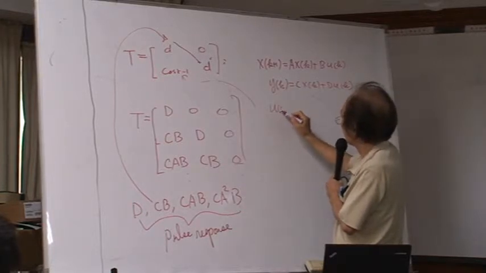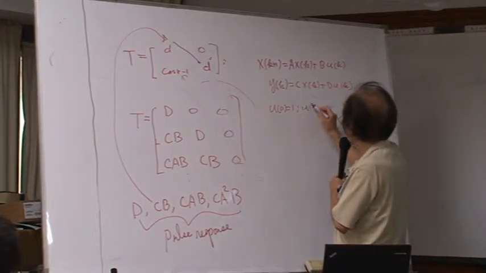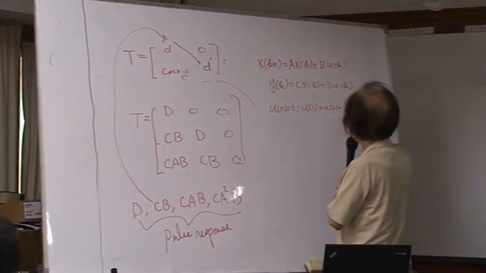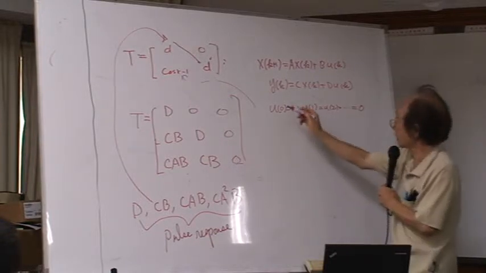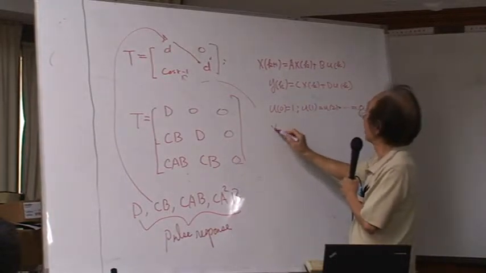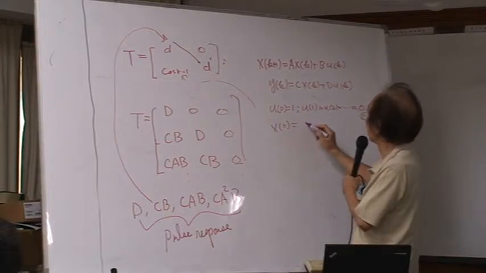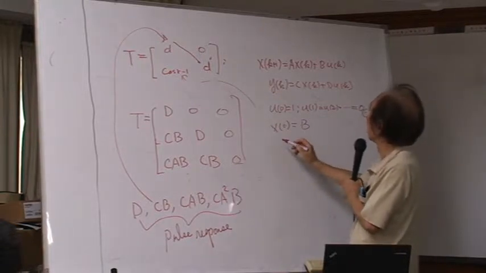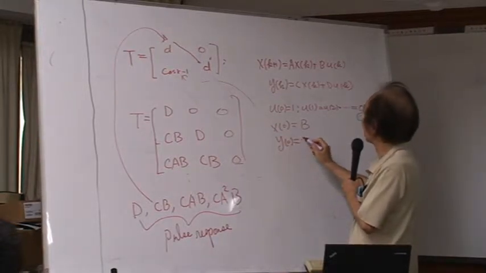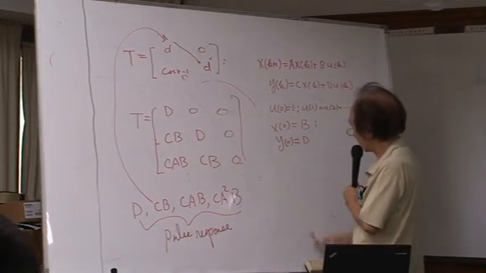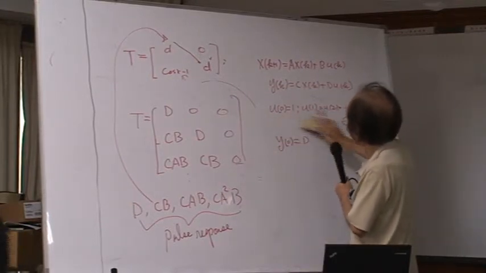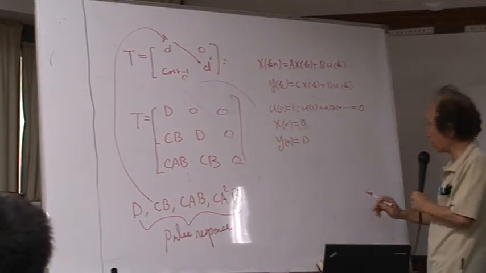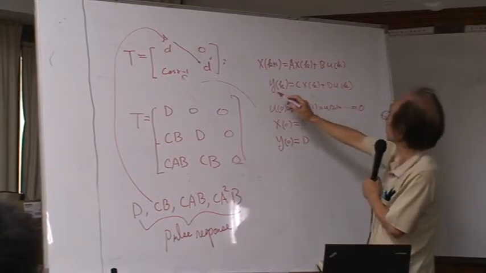Now assume x0 equal to 0, initial condition, then y0 equal to D, that's from here.